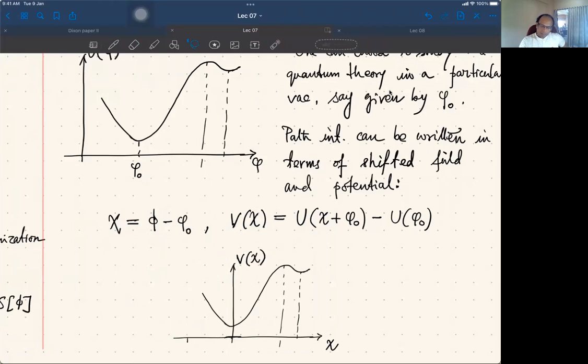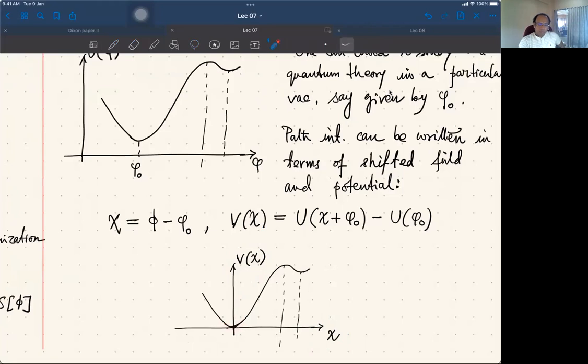Not only that, the minimum has also shifted, so this has become 0. This is how it looks. Which means now in terms of chi, the potential is not only minimum at chi equal to 0, but also the value of the potential is 0 there.